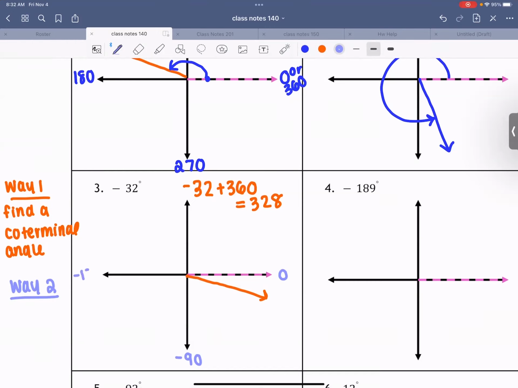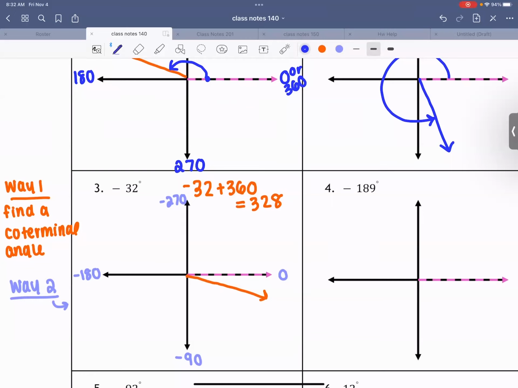I know this is negative 180, and I know this is negative 270. Okay, so instead of subtracting, they just saw the circle in a different way. And they knew that negative 32 was between 0 and negative 90. Okay, so that's another way you can do it. I think finding a coterminal angle is just easier for me. But if you want to do it that way as well, that's okay.